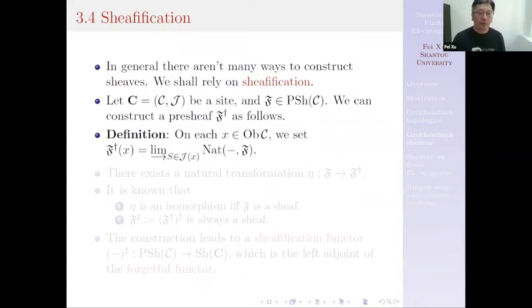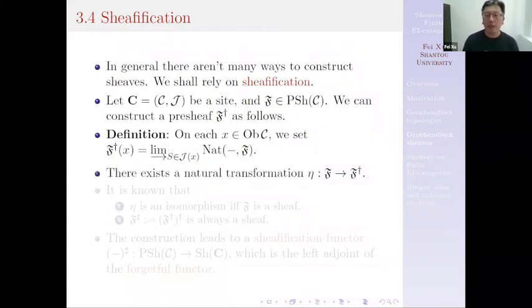And on homomorphisms, it is given by the universal property of direct limit. I did not write it up, but anyway. By the universal property, you have a natural transformation beta from F to F dagger between 2 presheaves.